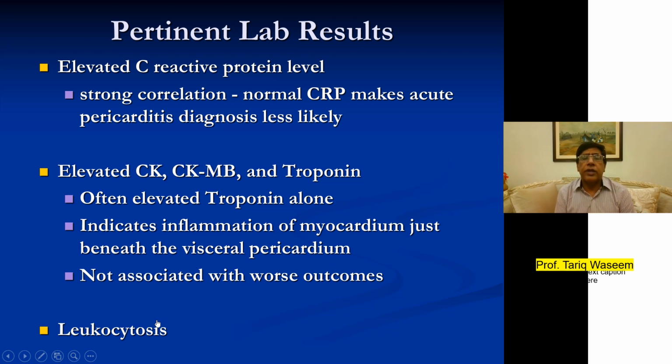As I said, it just indicates inflammation of the myocardium, which is just beneath the visceral pericardium. And this elevated CPK or MB level does not suggest that this patient would have an adverse outcome. The leukocytosis is almost always there.